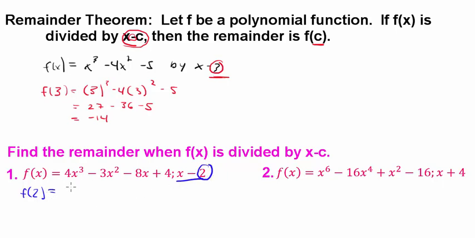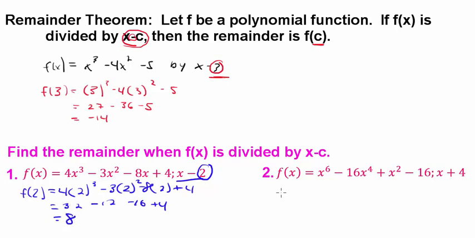And so we substitute the 2 everywhere we see x, and do order of operations. So 2 cubed is 8. 8 times 4 is 32. Minus 3 times 2 squared, I forgot to square it up here, so 3 times 2 squared is 4, 4 times 3 is 12, minus 16 plus 4, and when you combine all these terms, you do in fact get 8.